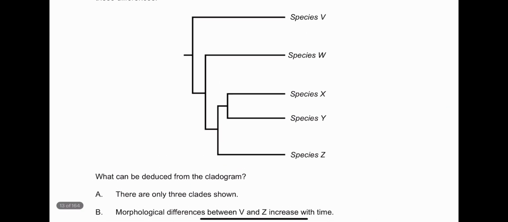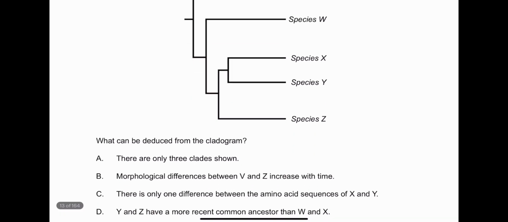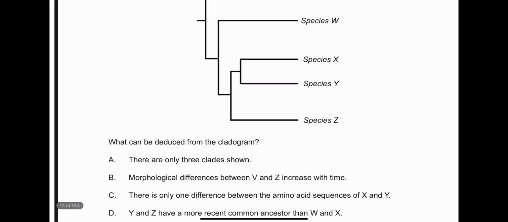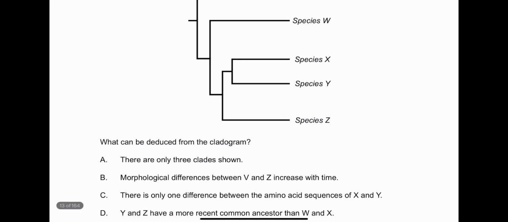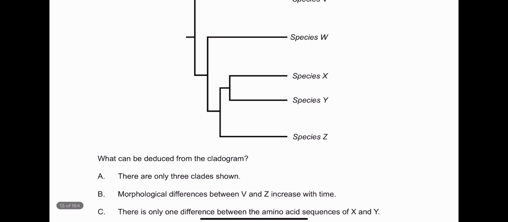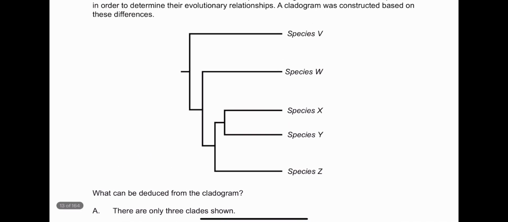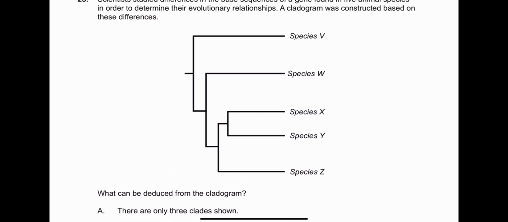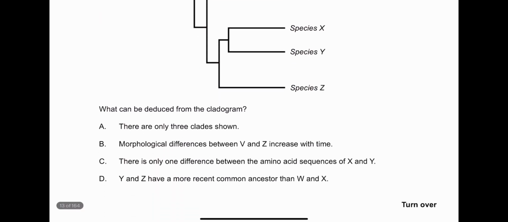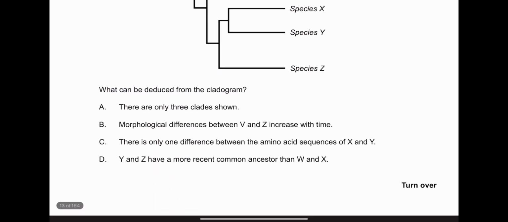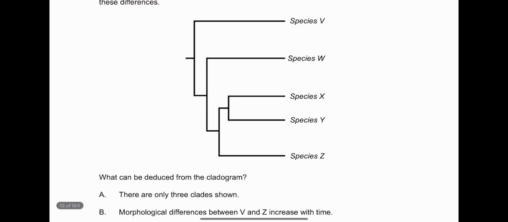There are only 3 clades shown. Not true. Morphological differences between V and C increase with time. You can't deduce that from a cladogram here. There is only 1 difference between the amino acid sequence of X and Y. Even though they differ only at this point, that's where they diverged.